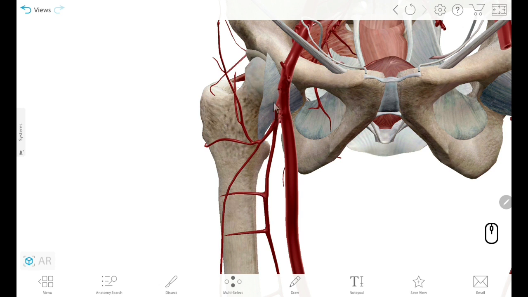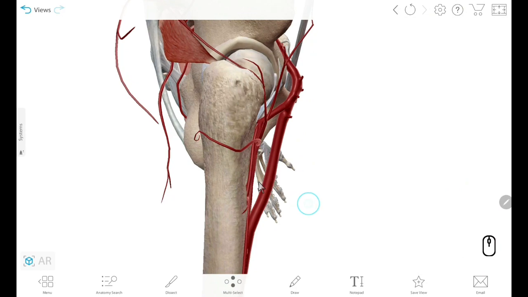This was the profunda femoris artery given off by the femoral artery. It gave the lateral circumflex and the medial circumflex branches. It also gives the perforating branches. This is the first perforating branch. So the ascending branch from the first perforating artery also contributes to the cruciate anastomosis.